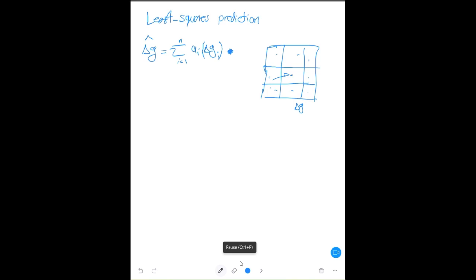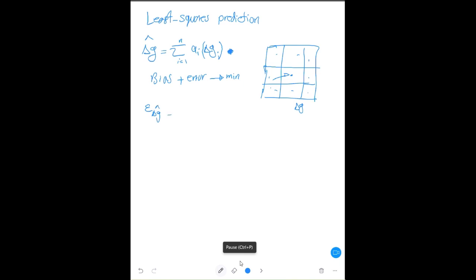But how can this a_i be estimated? It should be estimated in such a way that the bias and the error of this estimator are minimized. So how can we do that?